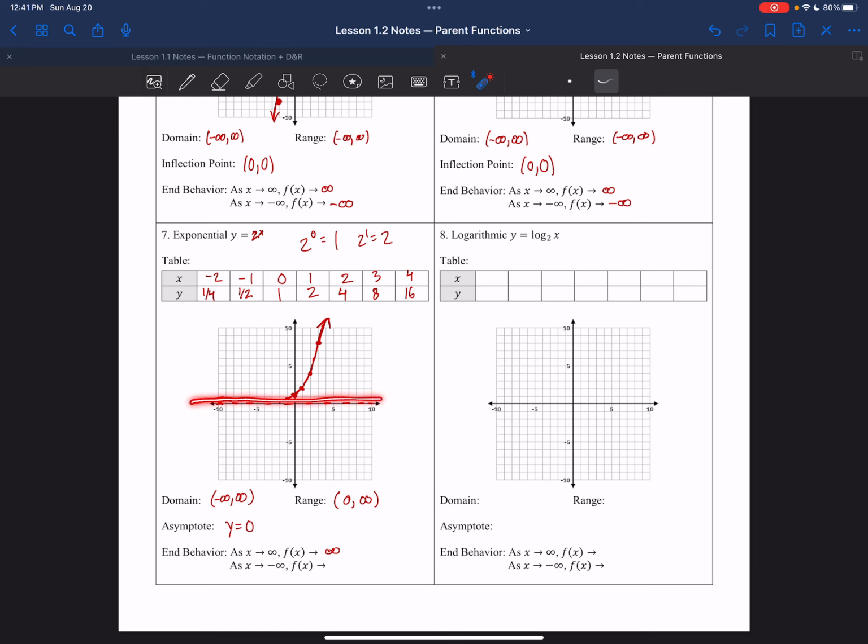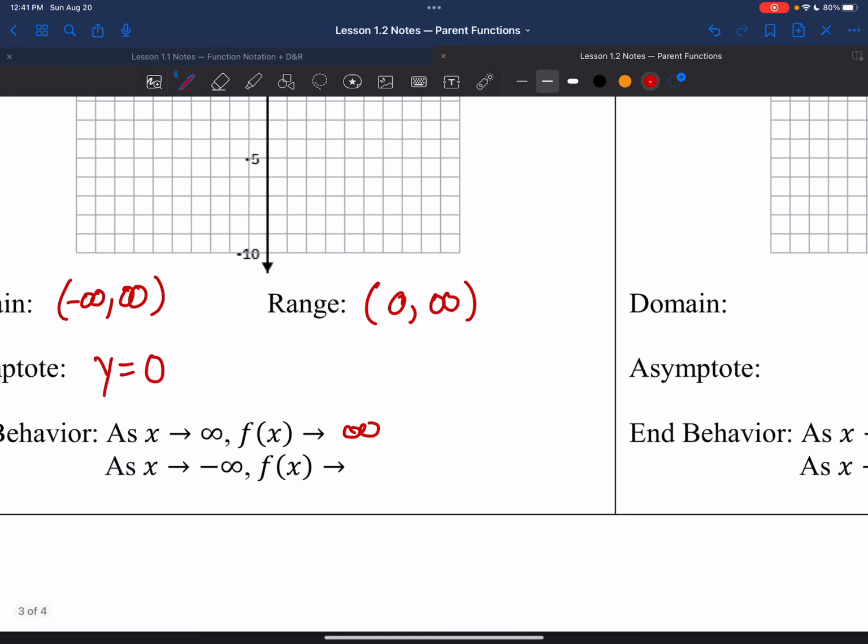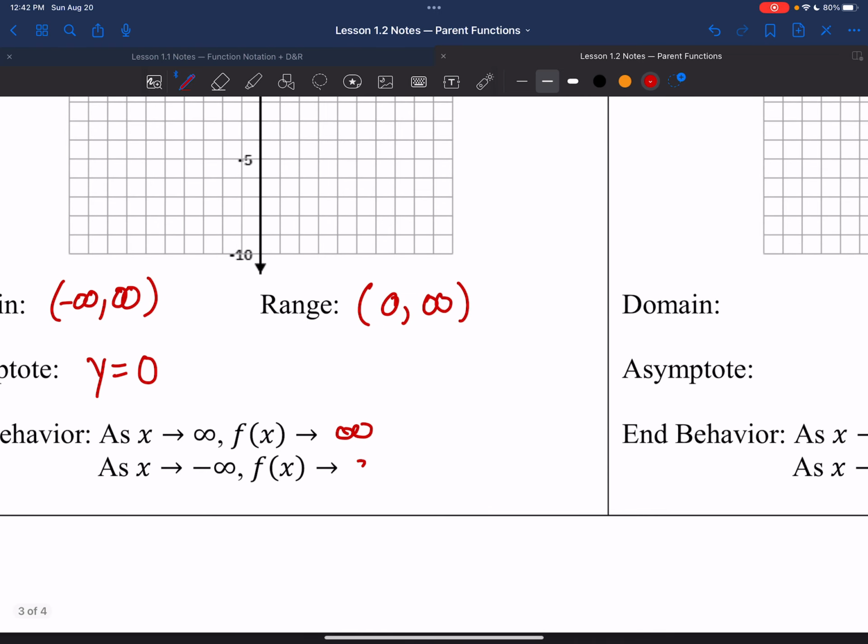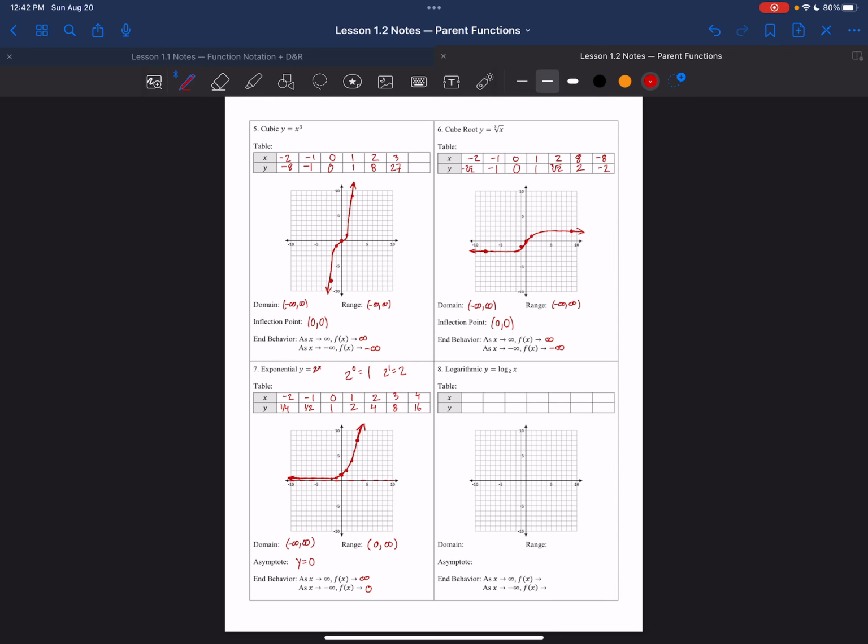It's approaching an asymptote, and that asymptote is 0. So as x goes to negative infinity, f of x actually goes to 0. Okay? F of x goes to 0. I'm just fixing my infinity. I just want it to look pretty. Okay. Done. And that is the exponential graph.